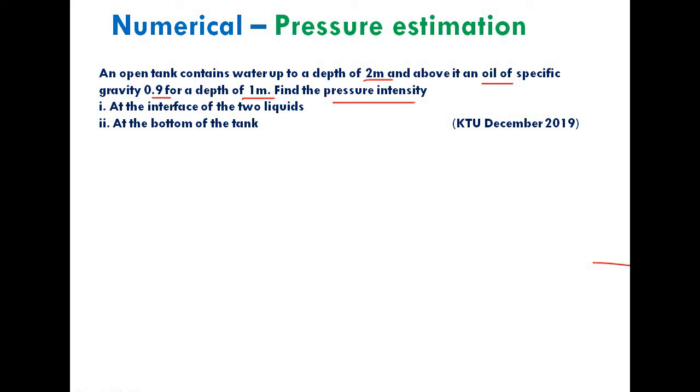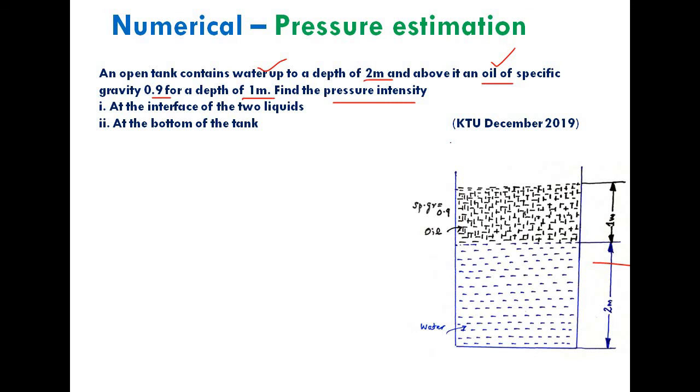Find the pressure intensity. That means it is an open tank that contains two fluids. First fluid is water, the second fluid is oil. Since oil has lower density than water, oil will be at the top of the water column. This will be the arrangement.